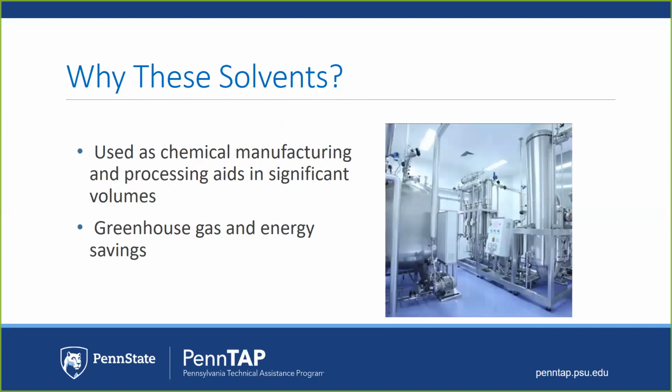Because of their origin, these solvents are only lightly contaminated and need minimal processing to be returned to a commercial grade state. Greenhouse gas reductions and energy and resource savings result from maximizing the number of uses of a high purity grade chemical product as an aid to chemical manufacturing and processing.